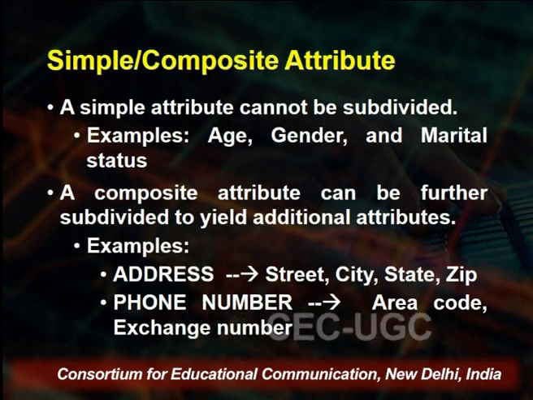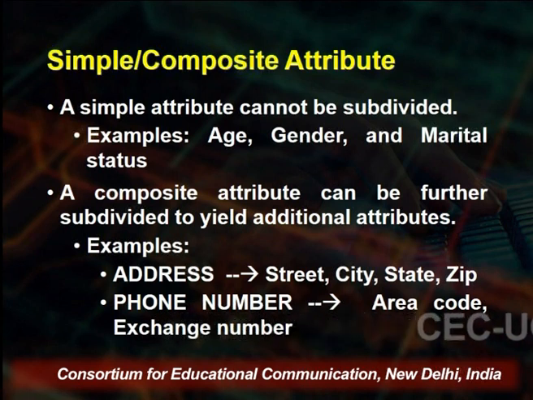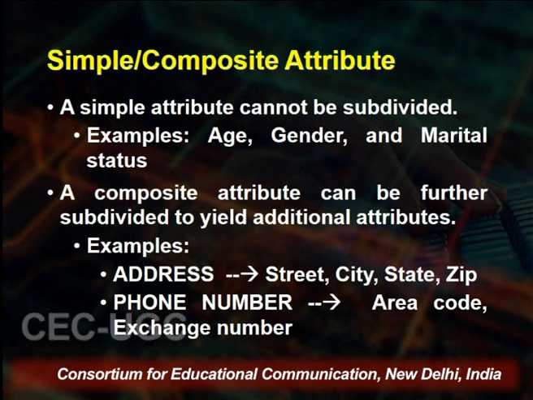While let us say we have one attribute which is address. This address can be further subdivided into street, then city, then state, then country, then postal code, and so on and so forth. So, this actually is a composite attribute which can be further subdivided, and this further subdivision means having some additional attributes.